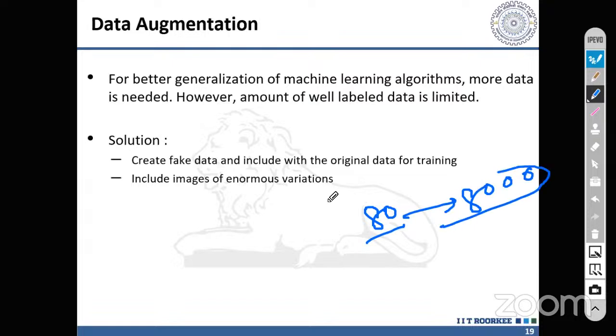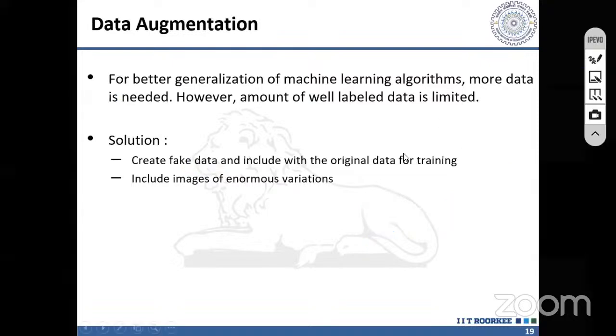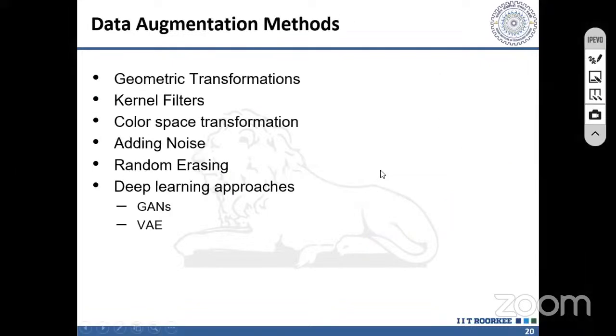We will be creating some fake data. Fake data means not real data, but we will be adding some noise and increasing the number of data so that the data size will be large. How can we do that? There are different possibilities of data augmentations.